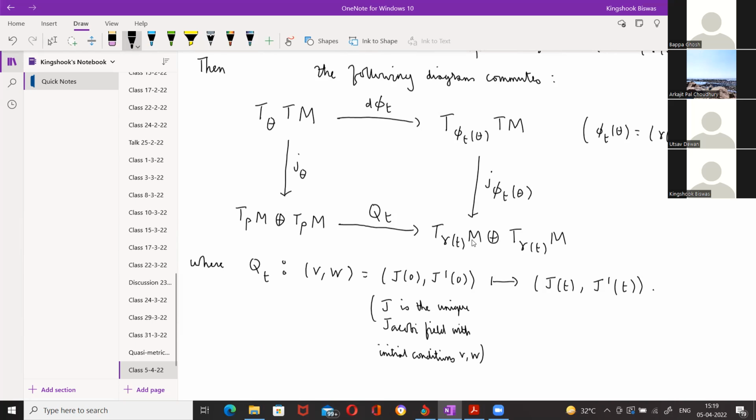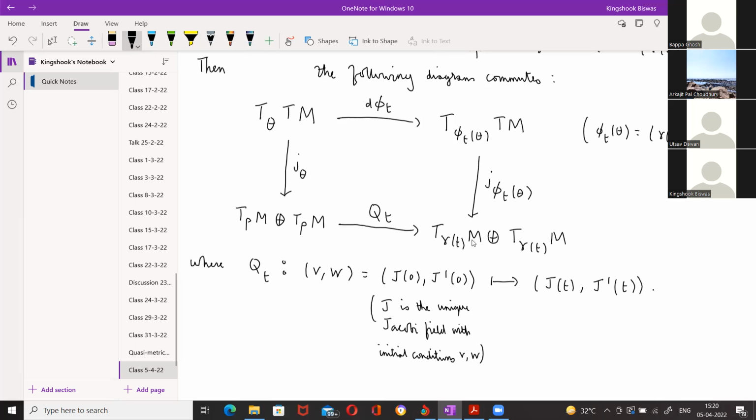Okay, so this is the differential of the geodesic flow, after you identify T_theta TM and T_{phi_t(theta)} TM with the tangent space of M plus tangent space of M via the usual maps, right? Yes, sir. Is the statement clear? Yes. So this Q_t is a linear map, right? Because this J depends linearly on (v, w). This is just the inverse of the isomorphism we gave, right? From the space of Jacobi fields to T_pM direct sum T_pM.